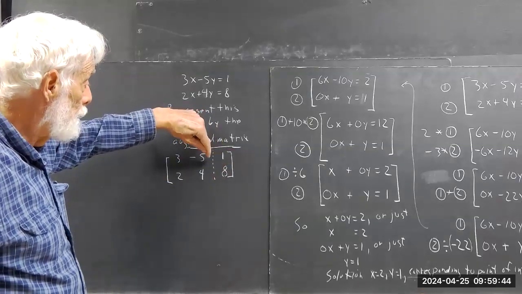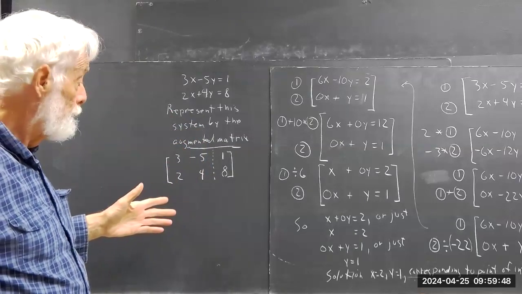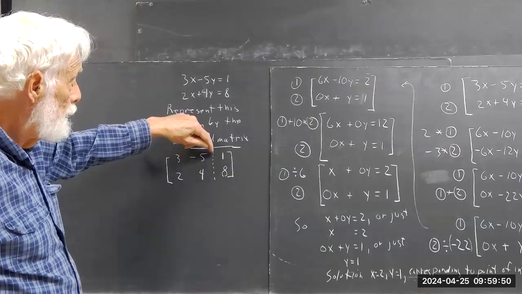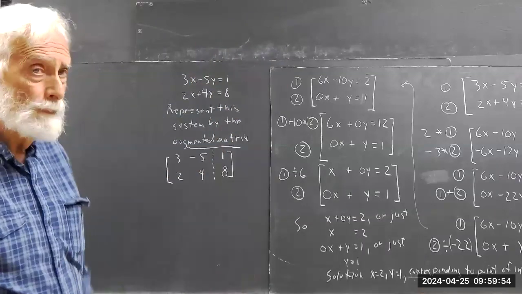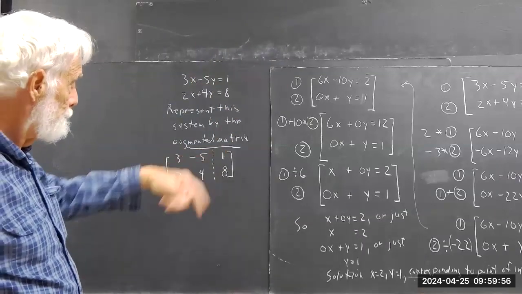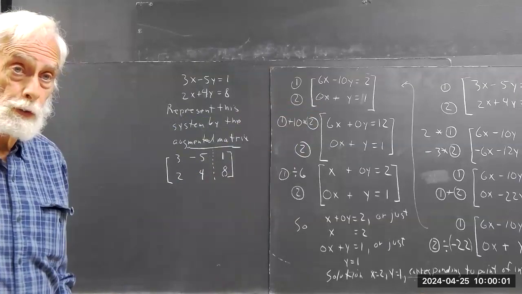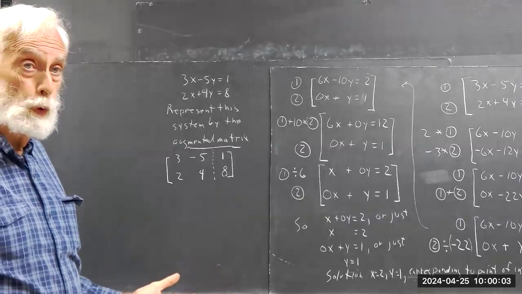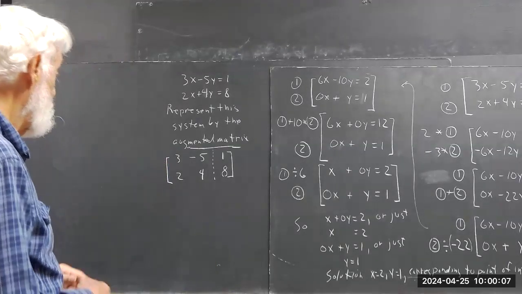It's understood there'll be a Y here and a Y here, but we don't write them. And then it's understood that the dotted line here represents equal signs. So it's just another way of writing this. It's a little shorter. We don't have to keep writing X and Y. We just operate on the numbers.